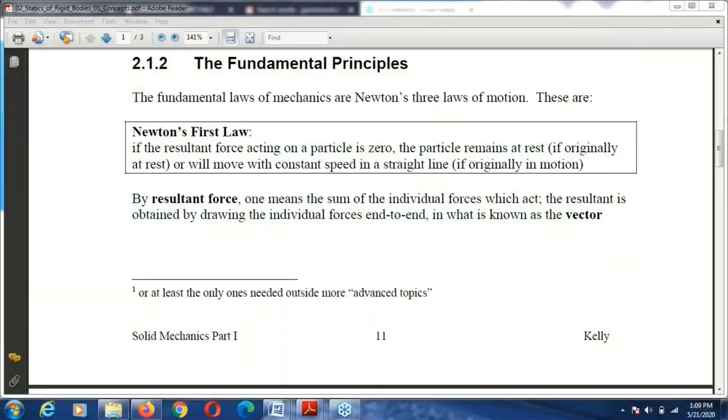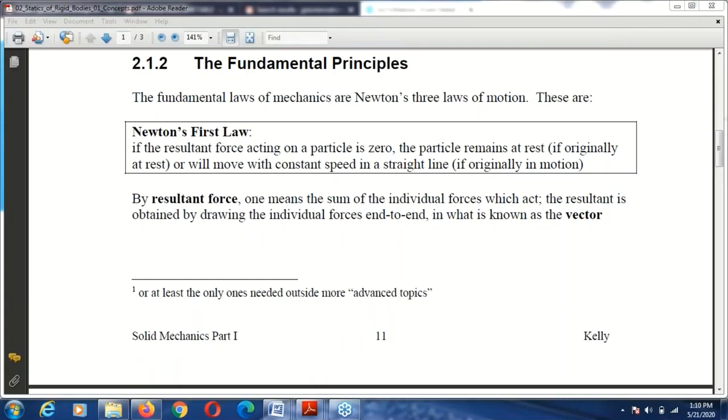Then the particle will remain at rest, that means it doesn't move, because the forces acting on that particular body balance out. So if originally at rest, it remains at rest, or it will move with constant speed in a straight line if originally in motion. I believe it's clear to everybody.